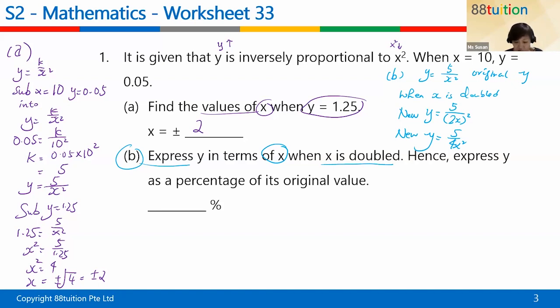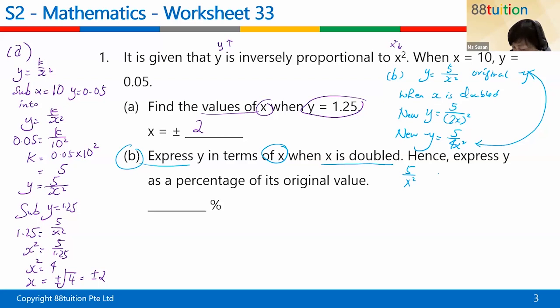And then express y as a percentage of the original. So if you were to compare original here to here, you will realize that there is some change. Then you have to find their difference, from here to here. The difference is we use the original y minus the new y.